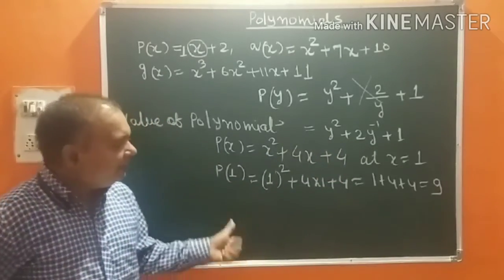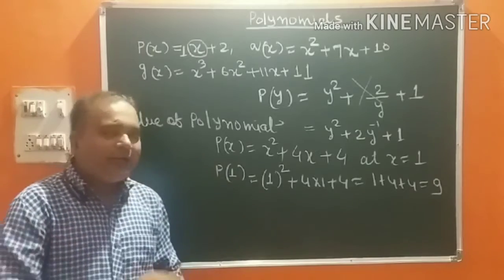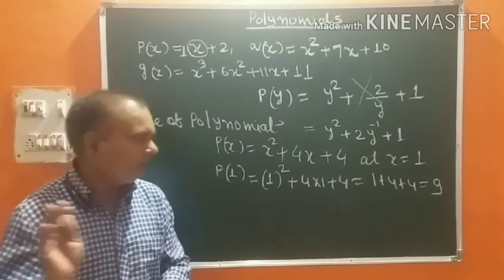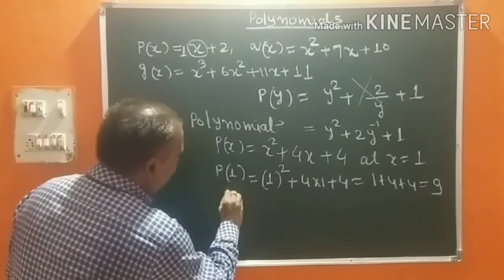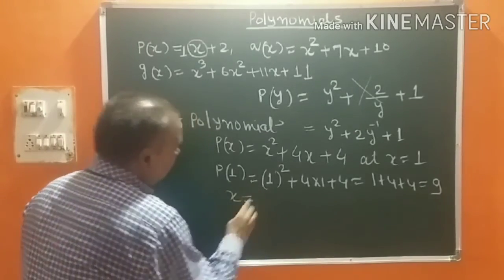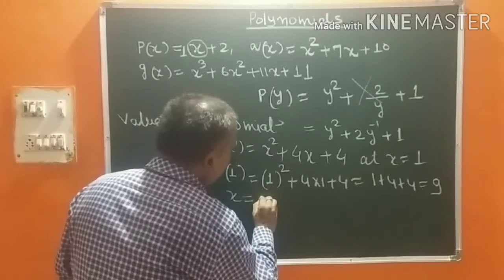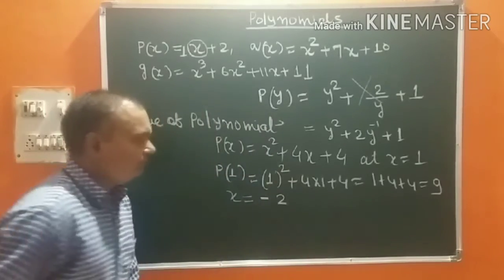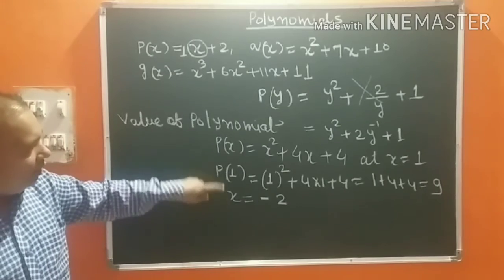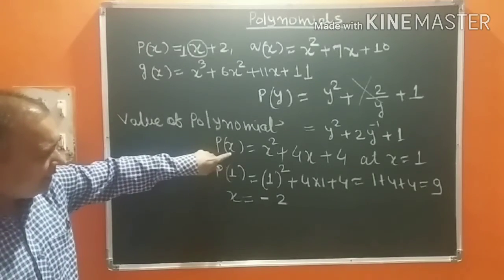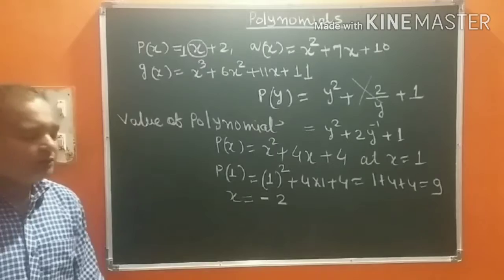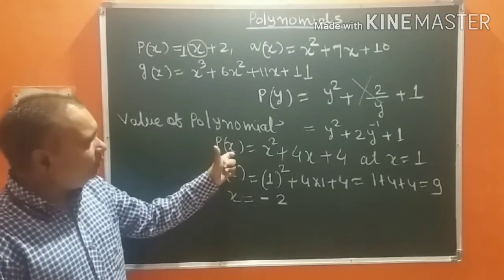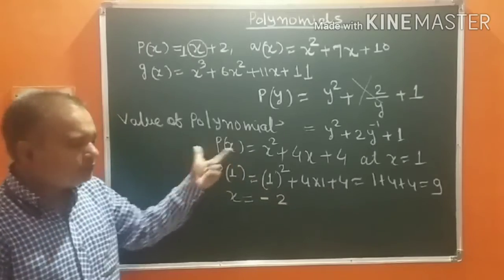Similarly, we can find the value of polynomial at any value of x. It may be positive or it may be negative. Now suppose I put x equal to minus 2. Find the value of polynomial p(x) at x equal to minus 2. Similarly, we will put the value of x equal to minus 2.